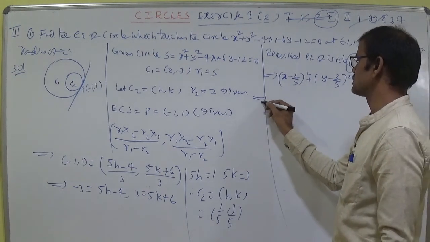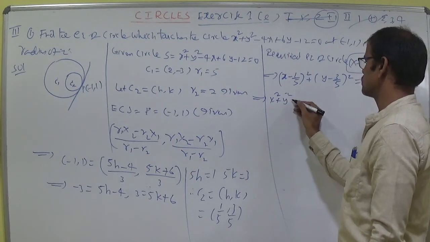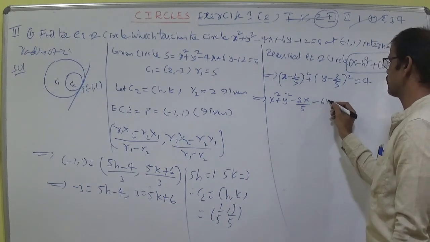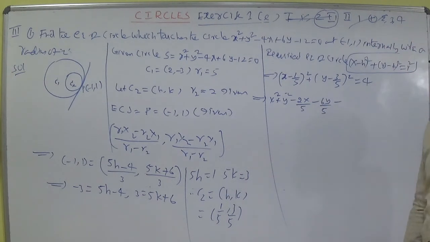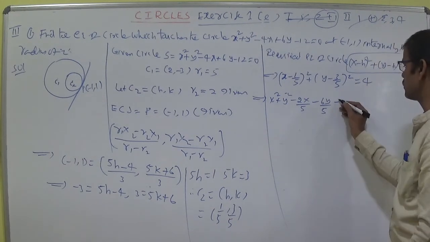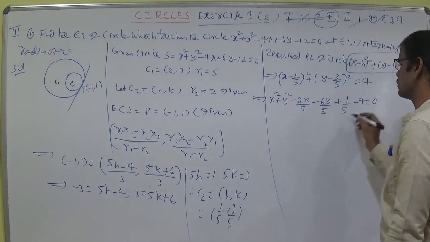Expanding this, we can write x square plus y square minus 2x by 5 minus 6y by 5 plus 1 by 25 plus 4 by 25. 1 plus 4, 5 by 25 becomes 1 by 5. 1 by 5 minus 4 equal to 0.